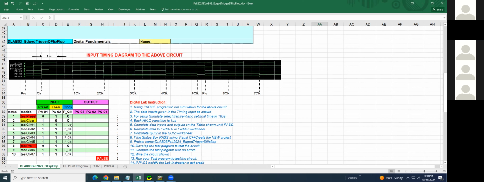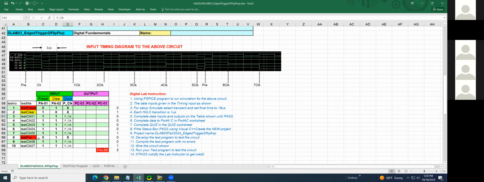If preset is 0, the output has to be 1, and that will be don't care. So that will be complete for port A, B, A, and the clock input.